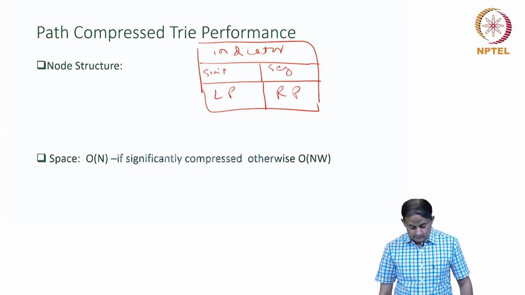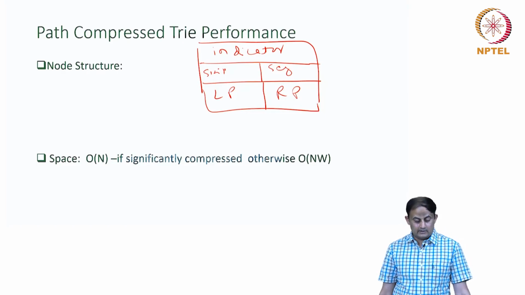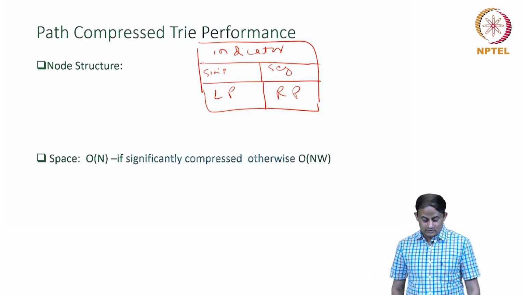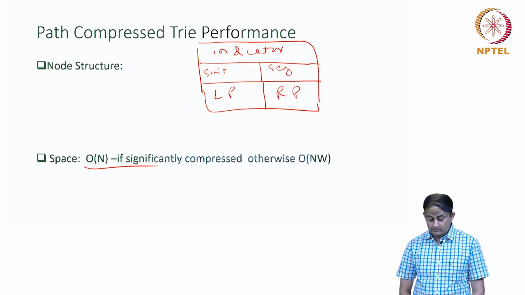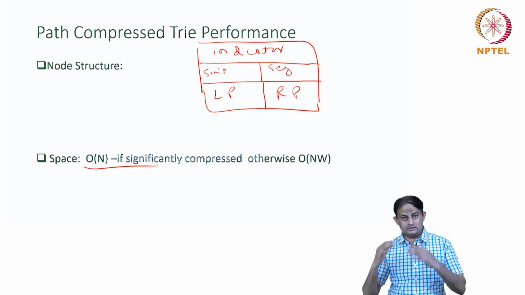Now asymptotically, how much space does it require? Order of n, where n is the number of prefixes you have, only that many nodes probably, provided you are able to reduce the height of the tree significantly.